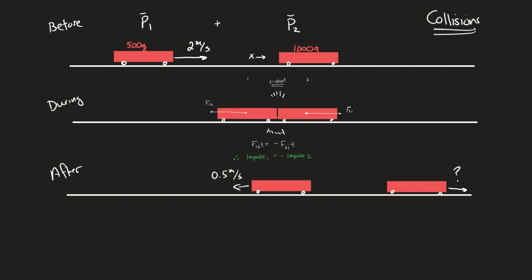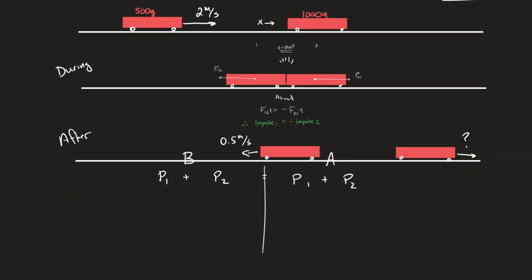Let's work it out. In a conservation of momentum question, we add up the momentums of the objects before the collision, and we set them equal to the momentums after the collision. In fact, what I almost always do is tell you to divide your paper up and say this is the before case and this is the after case, and set them equal.